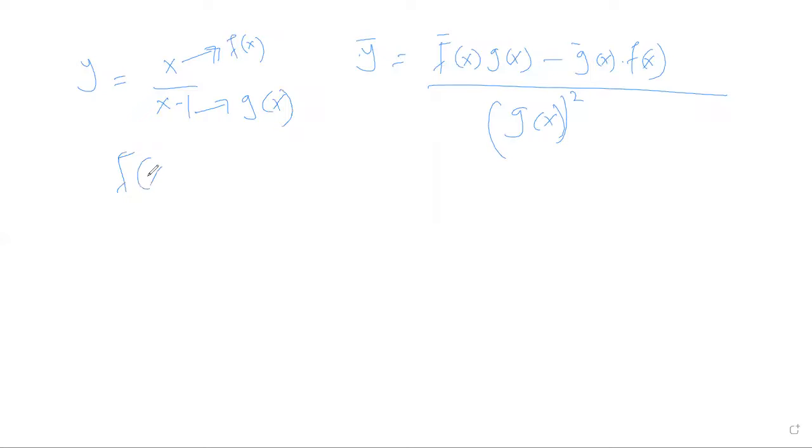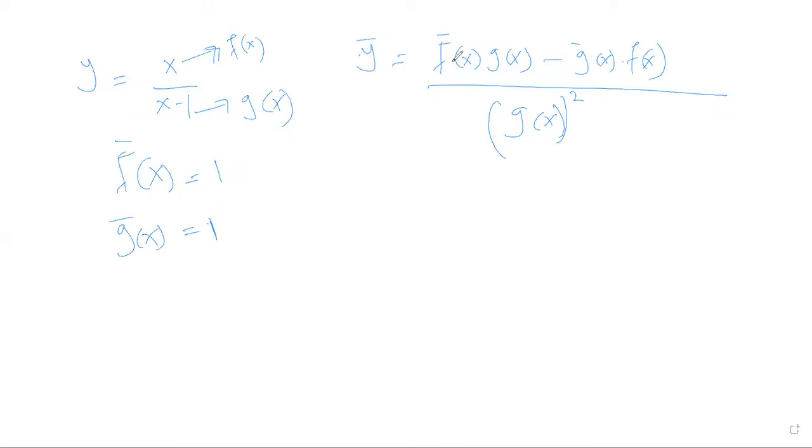The derivative of f(x) will be 1, and the derivative of g(x) will be 1 also, because the derivative of 1 is 0 and the derivative of x is 1. So I can replace here according to the formula.